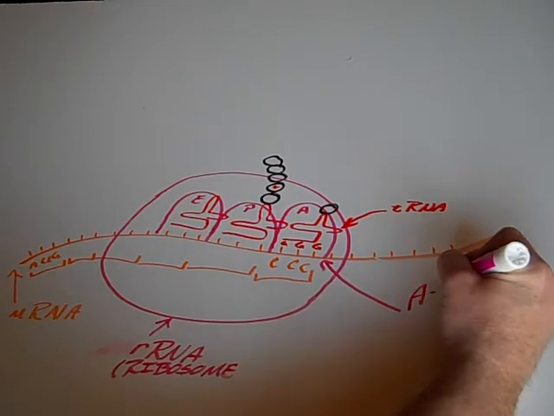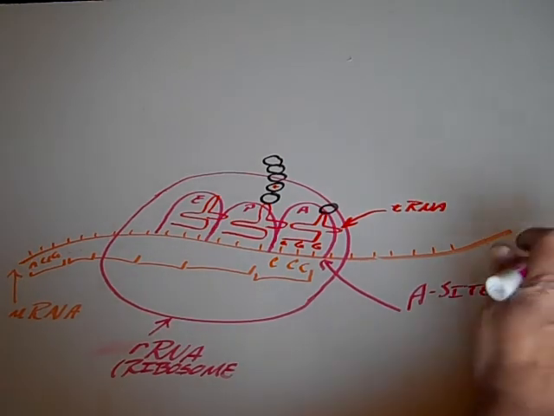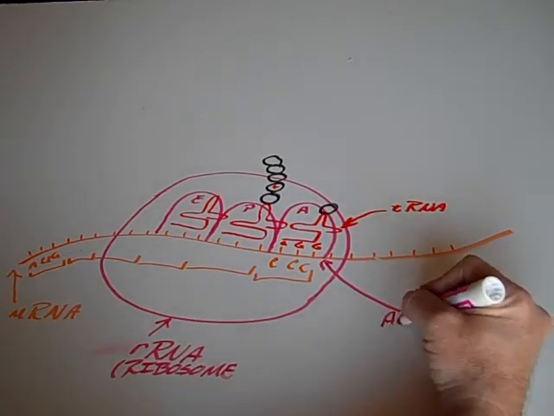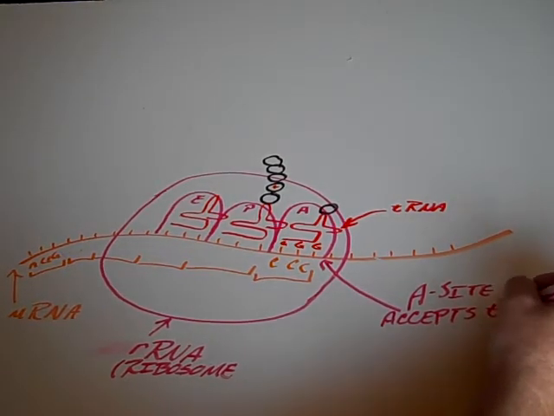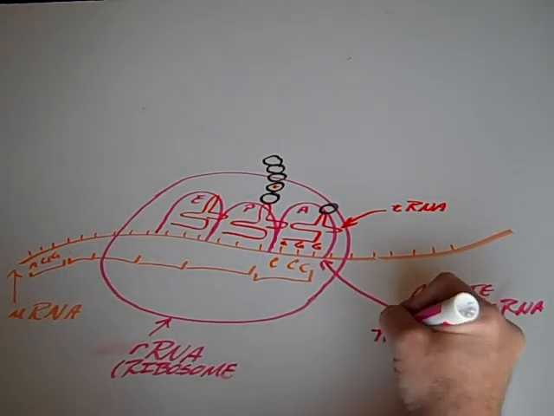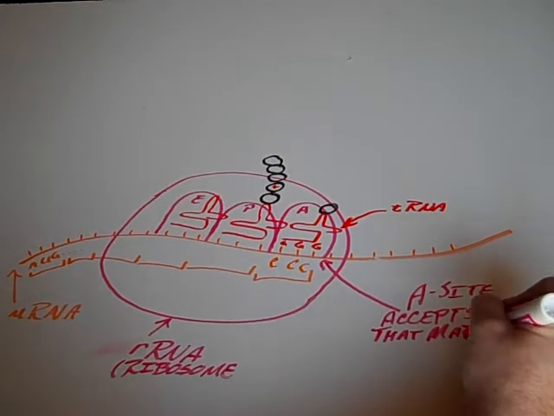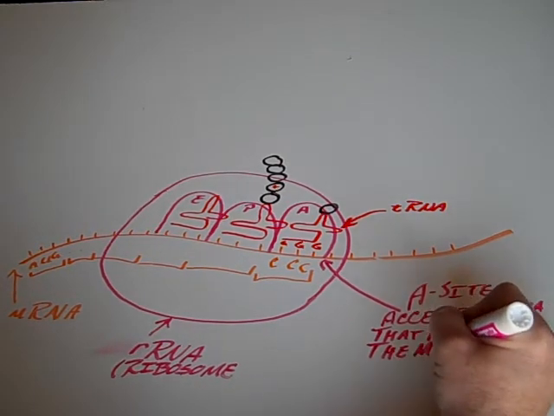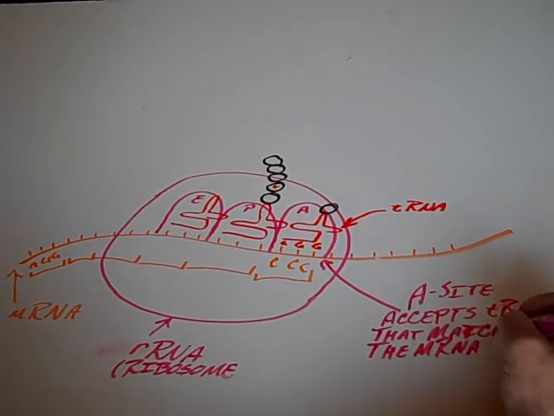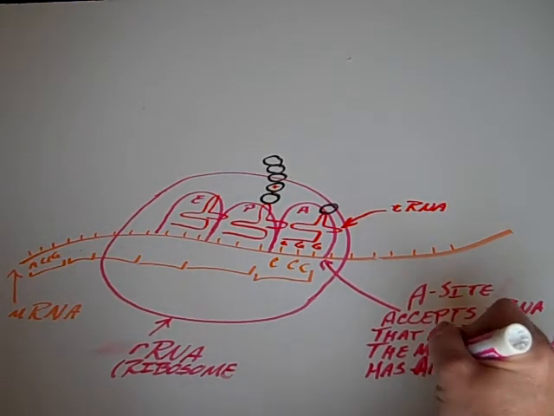The A site accepts tRNA that matches the mRNA codon and has an amino acid.